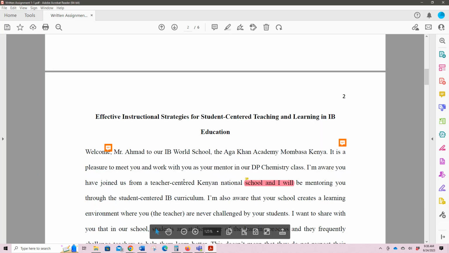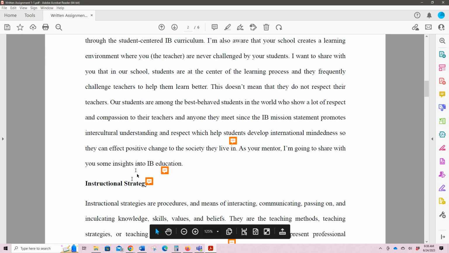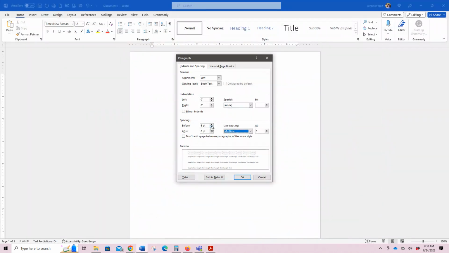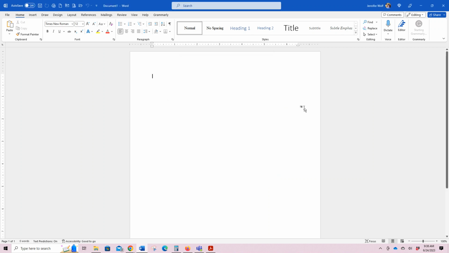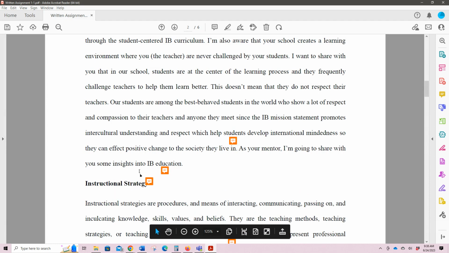That's why this person has extra space between paragraphs. So when you're setting up Microsoft Word, this should be 0, 0, 0, 0, and double space. And then just say set as default, and that will always come up, all documents based on normal. Now every time you open Word, you're going to get double space, which is what you want in your paper, and you're not going to have that extra space between paragraphs.